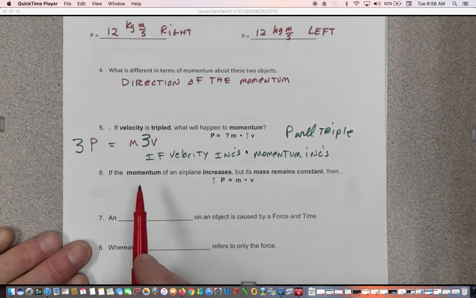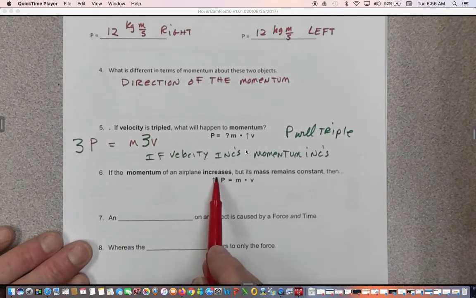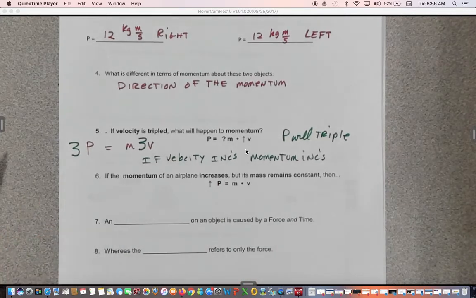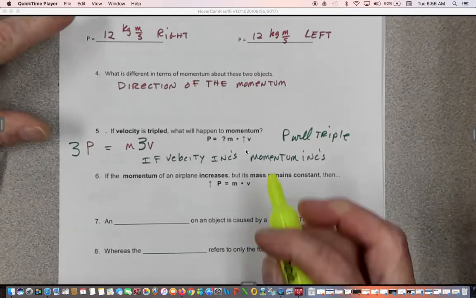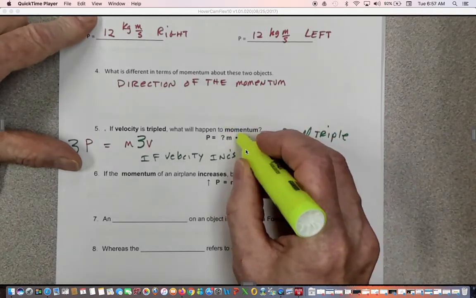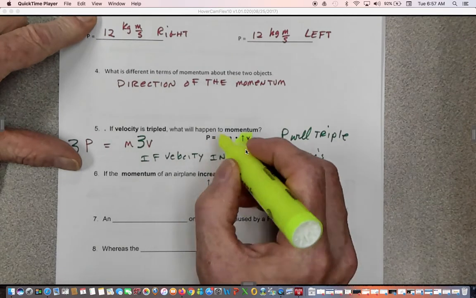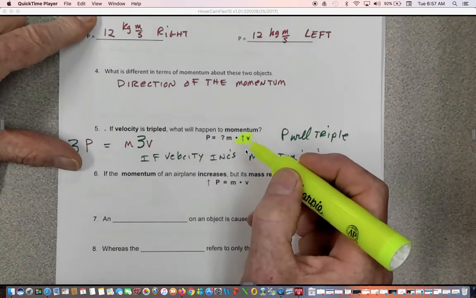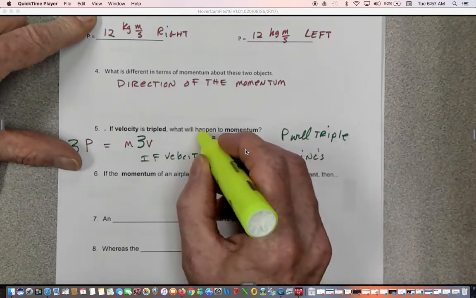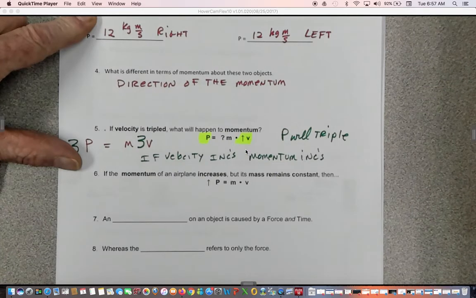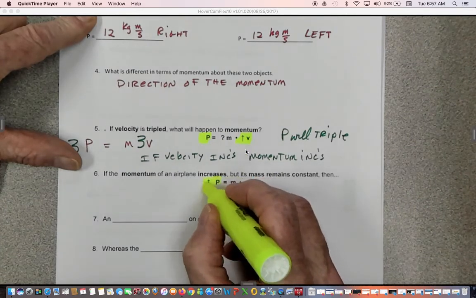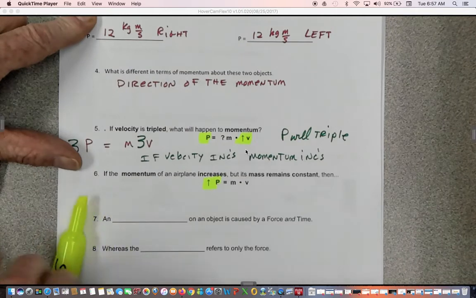Next, if the momentum of the airplane increases. So now they're saying, if you notice here, these arrows are in here for a reason. This arrow was to say velocity is going to increase. So what happens to momentum? Here, you know momentum is going to increase.